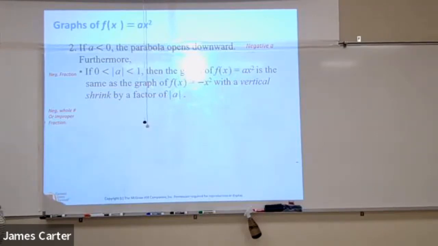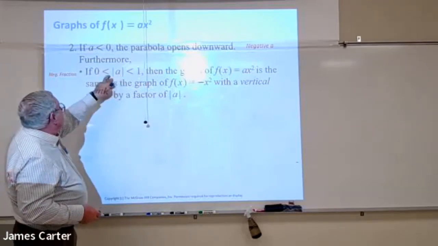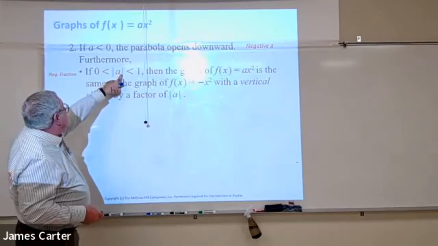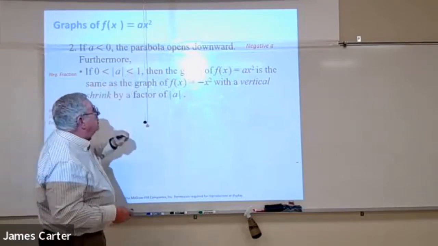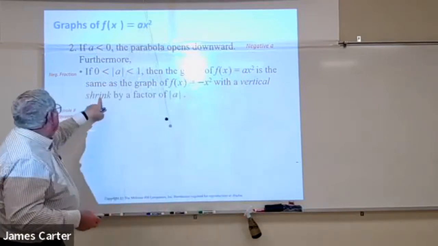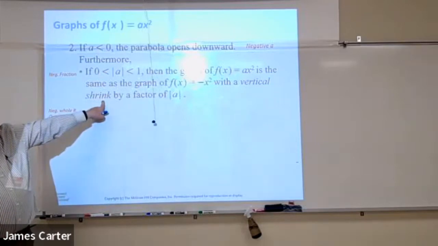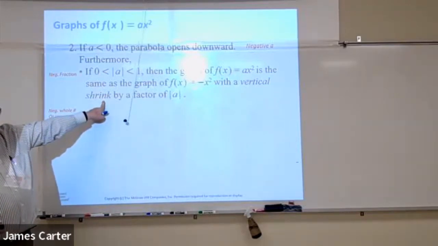They're wanting to just play the fact that it's a fraction and not let the positive or negative impact. That is why they put that there. So what this is saying, if A is a fraction between 0 and 1, then it will be a vertical shrink or a horizontal stretch.